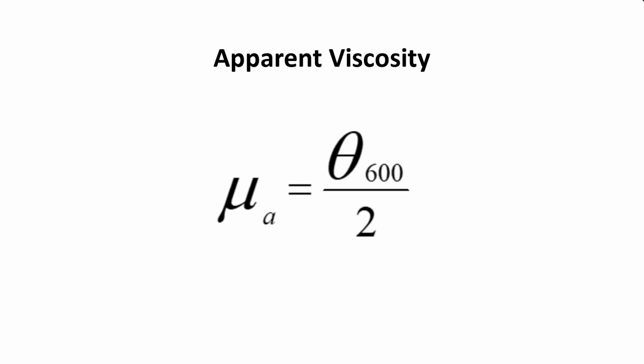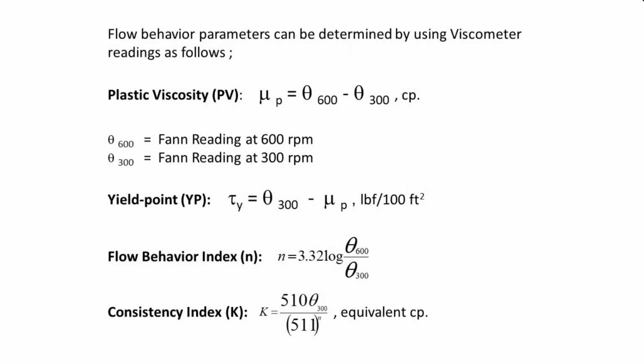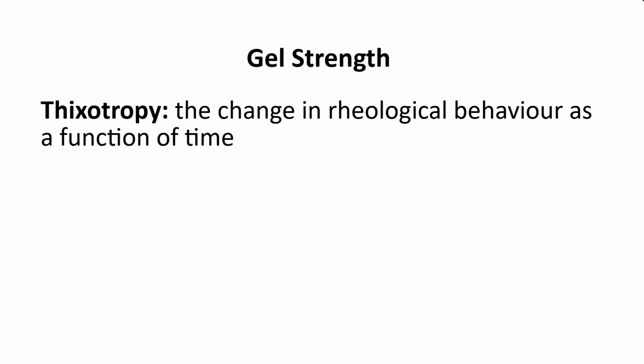The apparent viscosity is to be expressed in centipoise. Apparent viscosity is the rotational viscometer reading at 600 RPM divided by 2. Other flow behavior parameters, such as plastic viscosity, yield point, flow behavior index, and consistency index, can be determined by using viscometer readings as follows.